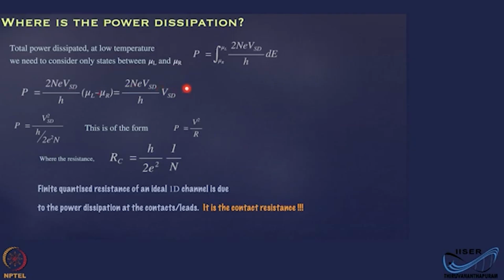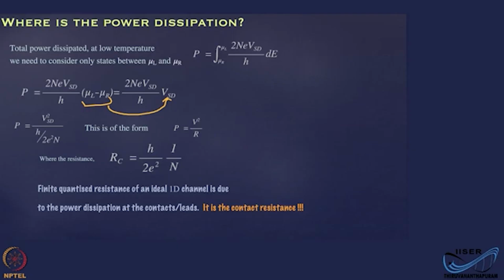So when you integrate it, what you are going to get is 2N eVSD by h times (mu L minus mu R). And that's going to give you 2N eVSD by h times eVSD, because mu L minus mu R is eVSD. So this you can write as V squared SD divided by h by 2e squared N. The power.